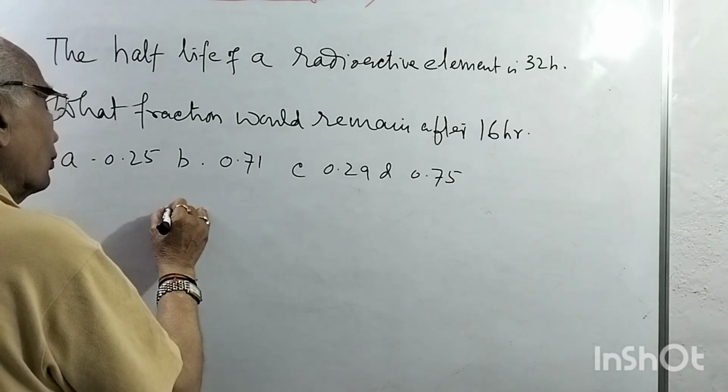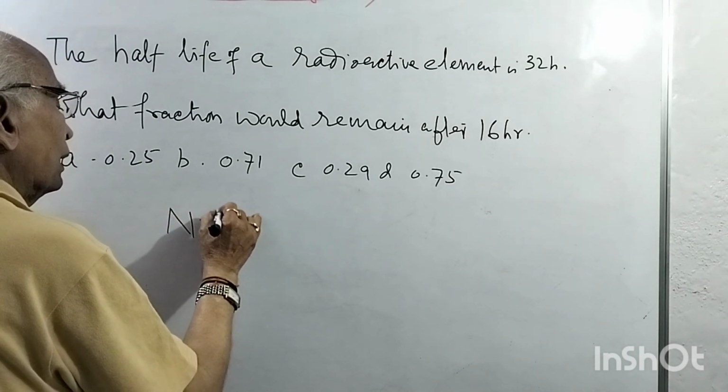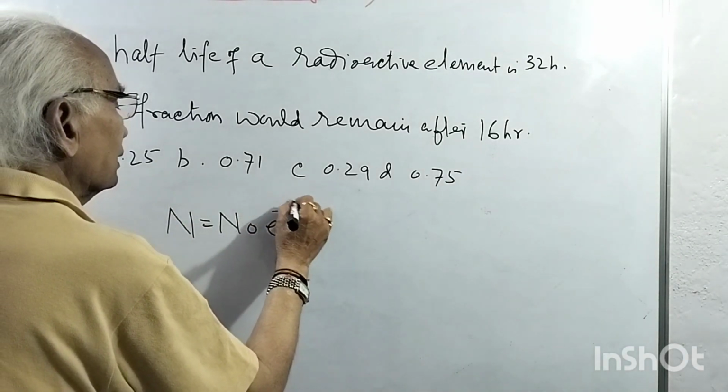So just you can find out N is equal to N naught e to power minus lambda t.